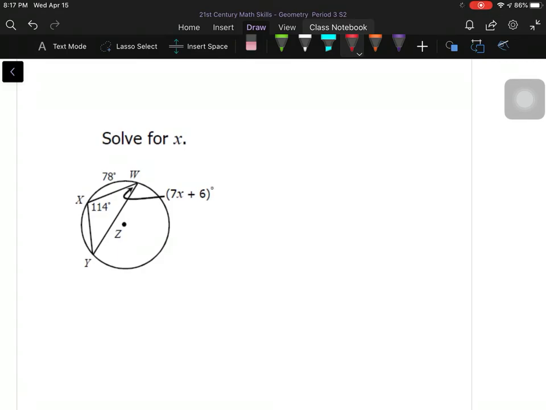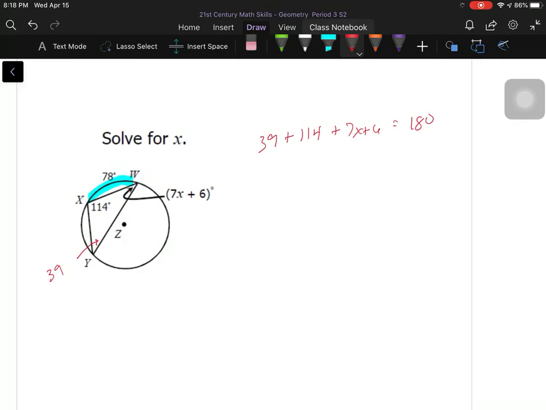Okay, the next one, kind of a multi-step problem. If I look here, I know that that arc's 78, so if I take half of that, that's going to be this angle right here. So half of 78 is 39. Now I know that 39 plus 114 plus 7x plus 6, all three of those add up to 180 because they form a triangle.